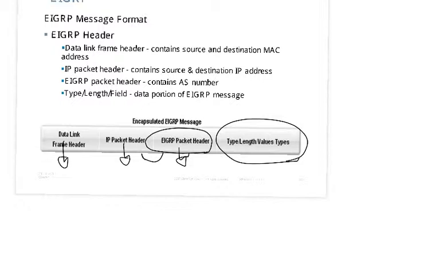Here we have 5 different types. So for EIGRP, we have different types when it comes to the payload. Those are the 4 different high-level parts of the EIGRP message format.